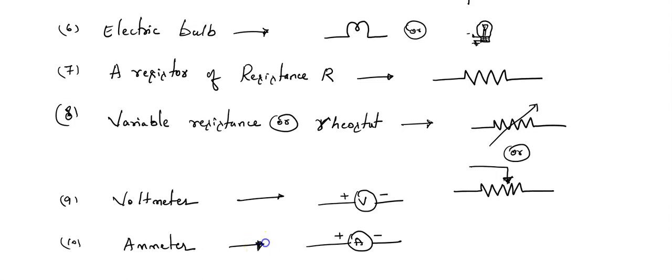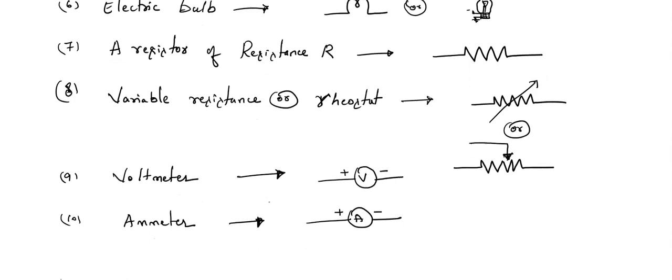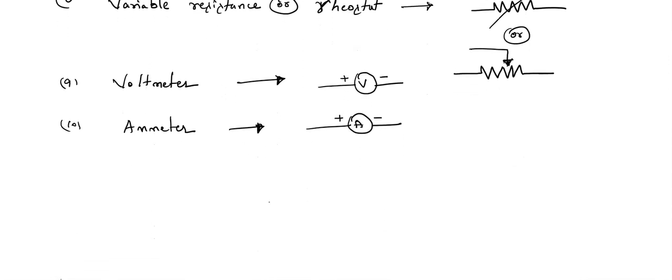I hope the concept is clear for you all. These are the circuit diagrams we have in our syllabus, and you can expect one circuit diagram compulsorily in your upcoming board exam. You need to practice all these circuit diagrams, because this is one of the very important questions for your final board exam.